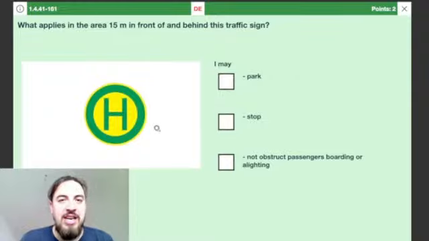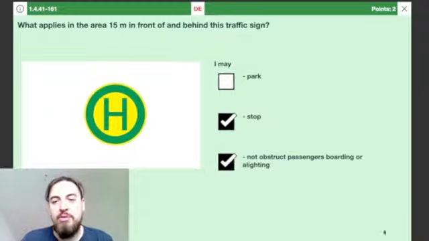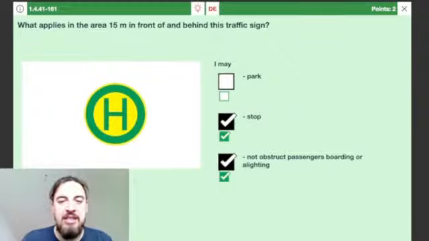Yeah, Haltestelle H, Haltestelle for bus stop in German. So in this 50 meters before and behind it, you are allowed to stop, but you're not allowed to park. So you may stop, but you shouldn't obstruct passengers boarding or alighting. So the middle and the last one is correct.